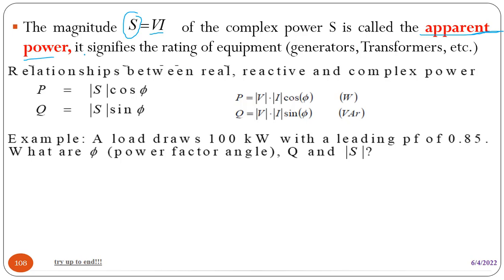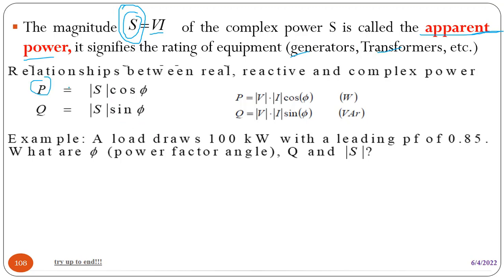The magnitude of the complex power S is called apparent power. It signifies the rating of equipment, for example a generator or transformer, which is measured with this apparent power. So there is a relationship between real, reactive, and complex power. If we are given the complex power instead, we can calculate reactive and active power.